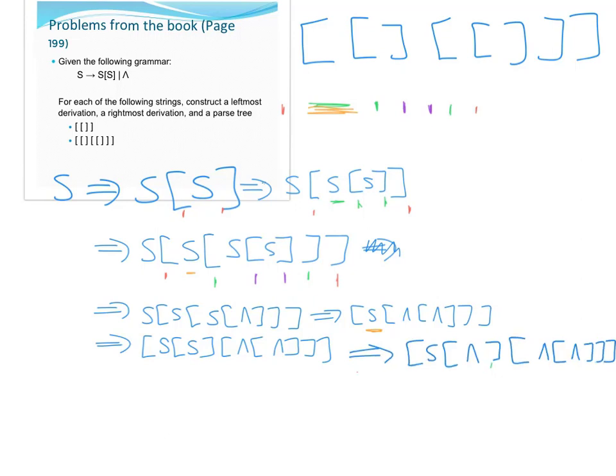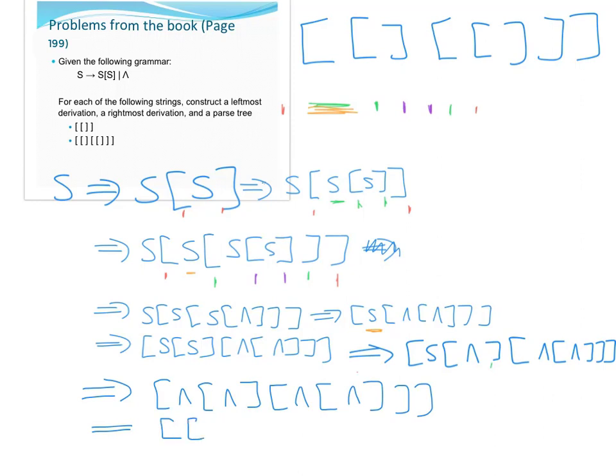We only have one non-terminal left, so we go to bracket lambda bracket lambda bracket lambda 1, 2, 3. And I'm really hoping that when I get rid of the lambdas, I'll just write an equal sign there: 1, 2, 1, 1, 2, 1, 2, 3. Hurrah, I think we did it.